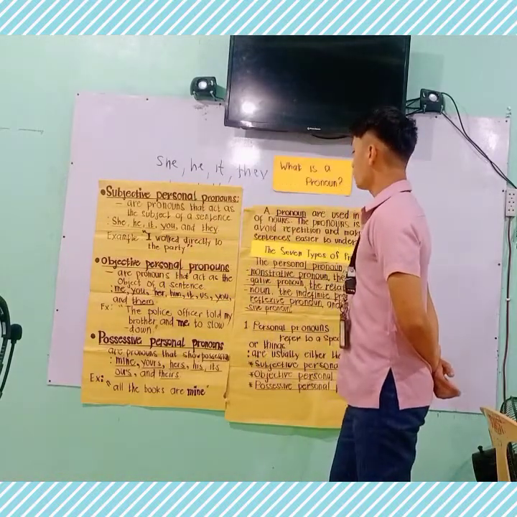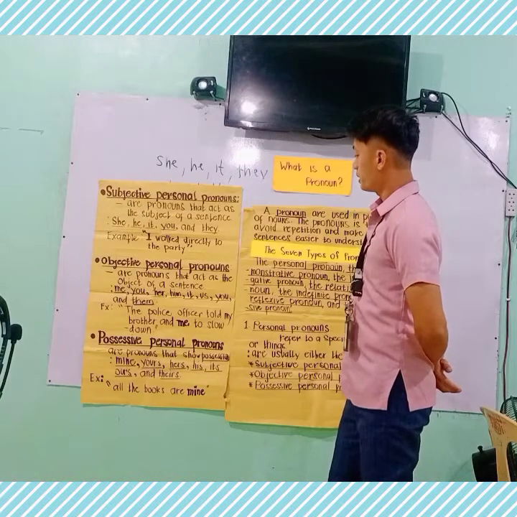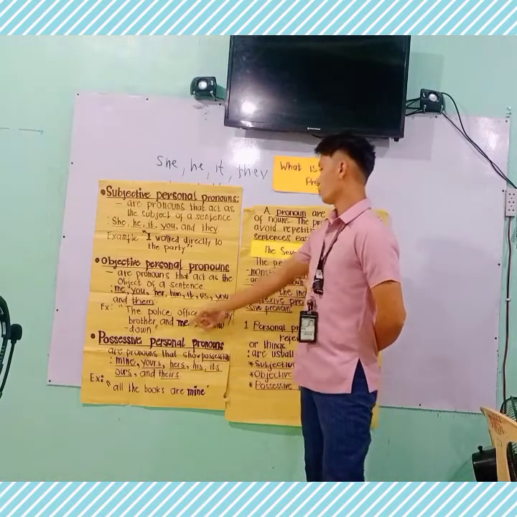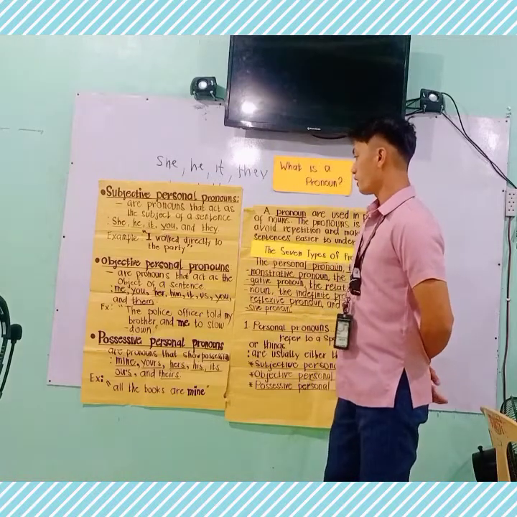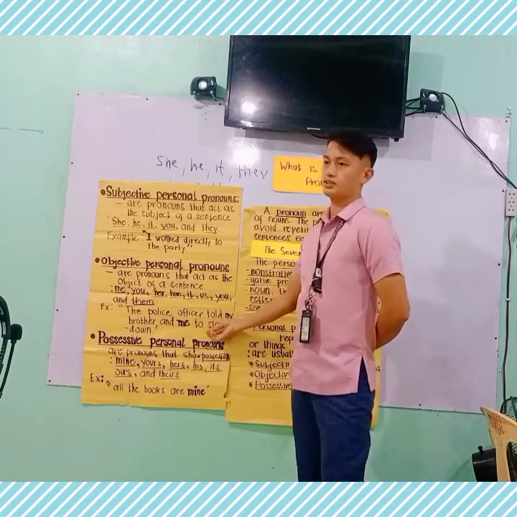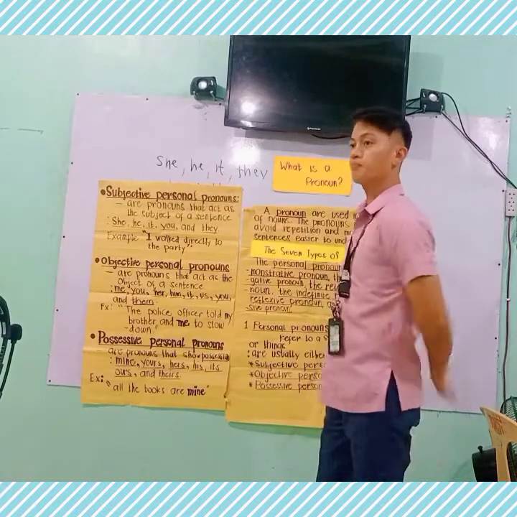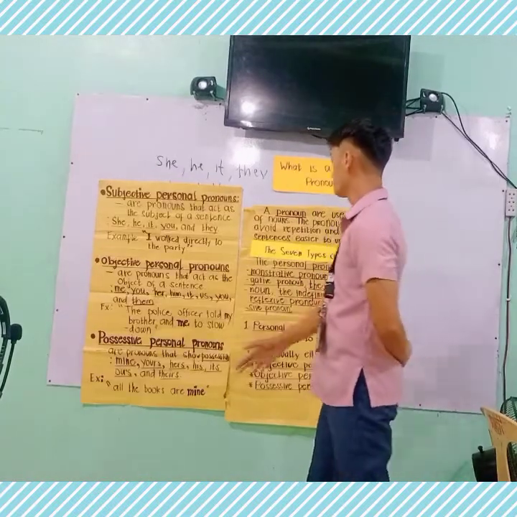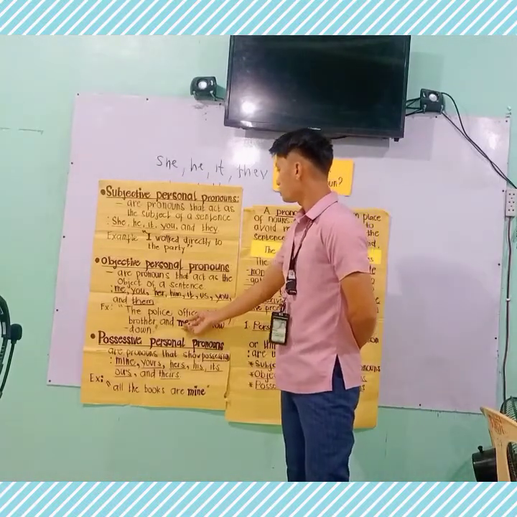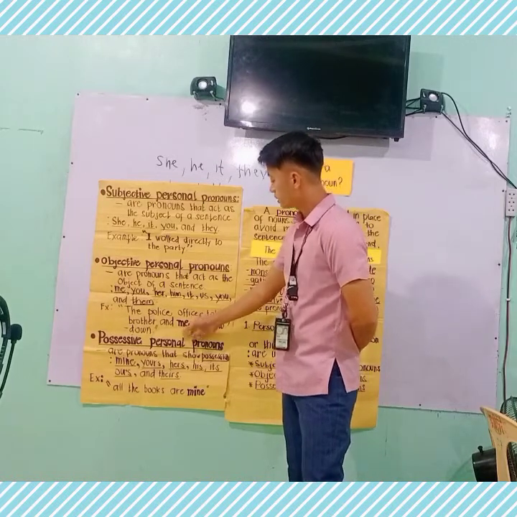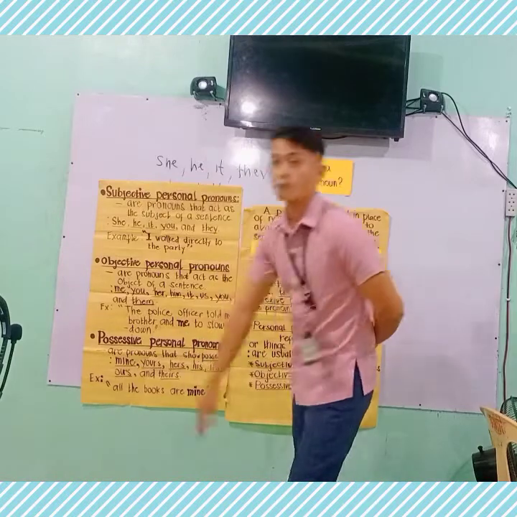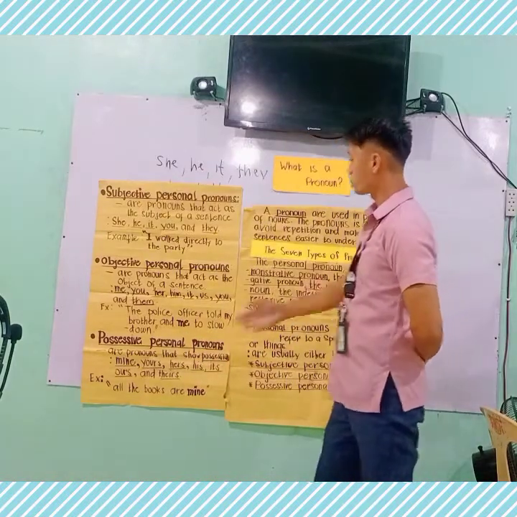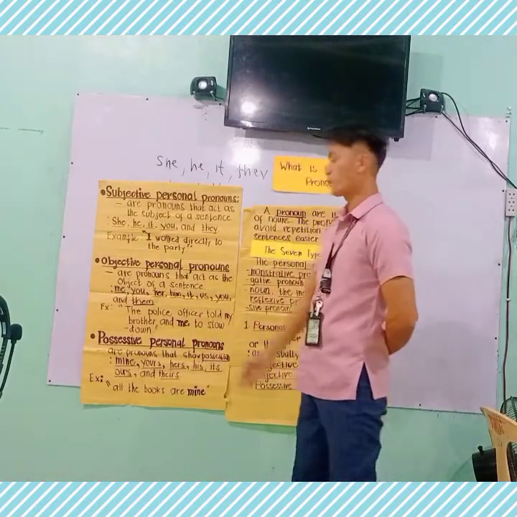The police officer told my brother and me to slow down. So, where's the objective personal pronoun here in the sentence? Okay, Miss Kim? Okay, very good. So, the objective personal pronoun here is me.